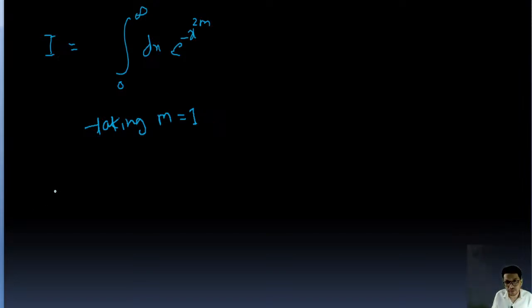So this value I is going to be the integration 0 to infinity e to the power minus x square dx. Very simple question, guys, because we have taken m equal to 1.